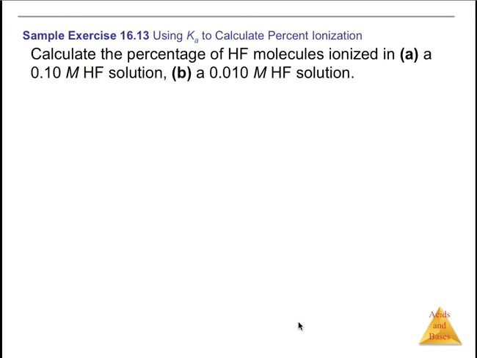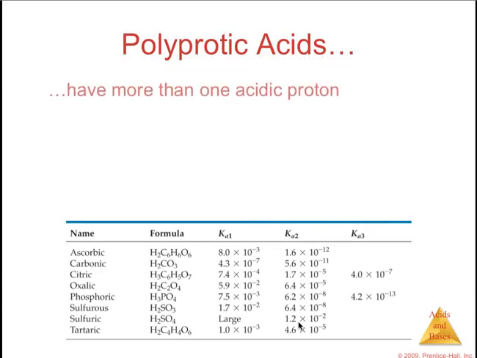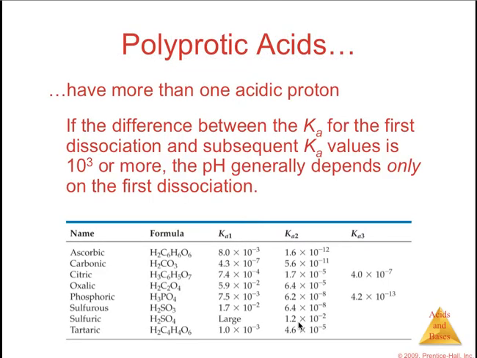We can do this one in class. It's an opener. Let's talk about polyprotic acids. These are acids that have more than one acidic proton. So there's actually either 2 or 3.